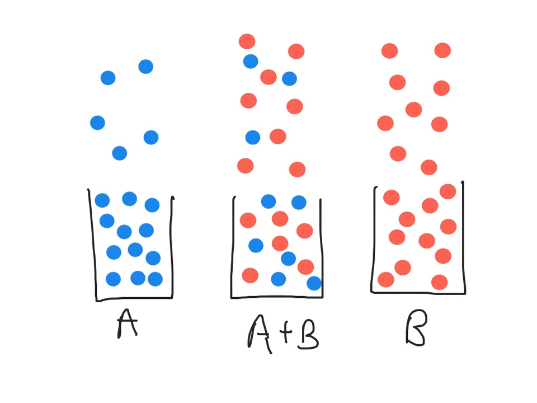So I have here an example where I have a component A in liquid phase, and then above it I have some vapor, and each one of these dots just represents a molecule of that particular chemical. And then I have B over here. So I have B in the liquid phase and then B in the vapor phase.